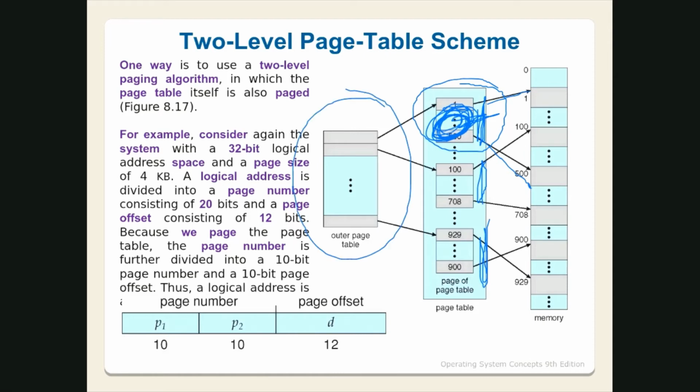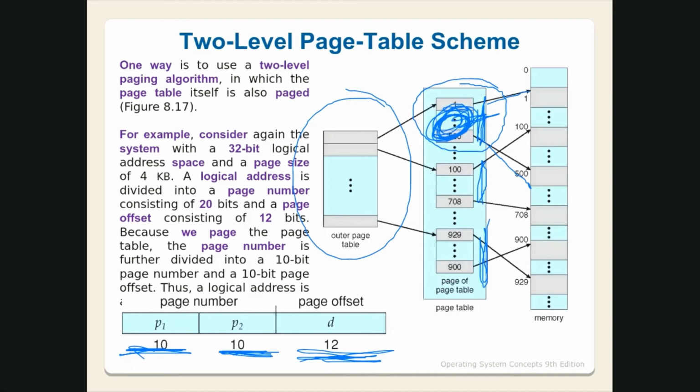So you have the outer page table which contains certain pages. Each entry in the outer page table contains a page table. That table is the one referring to the original frame number in the physical memory. So here you have the outer page number, and this is the inner page number, and this is the offset, meaning the displacement.